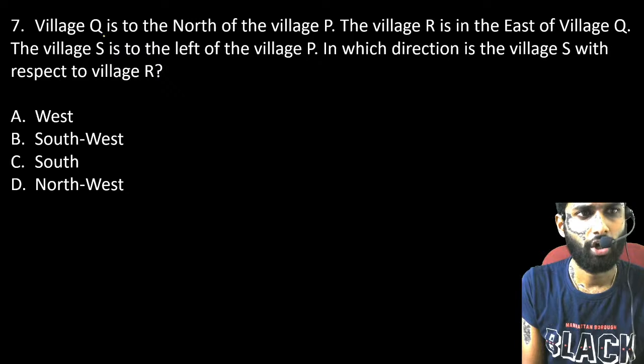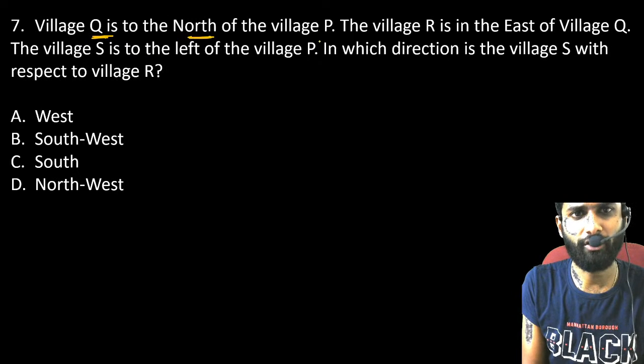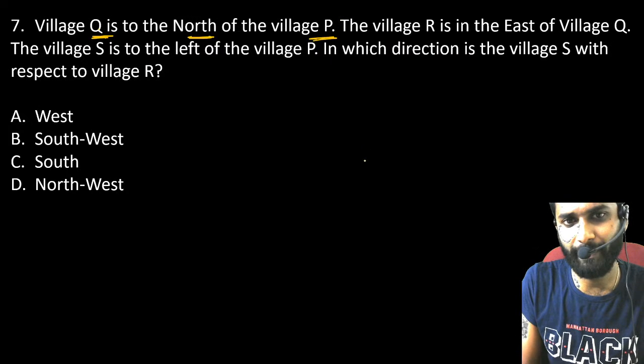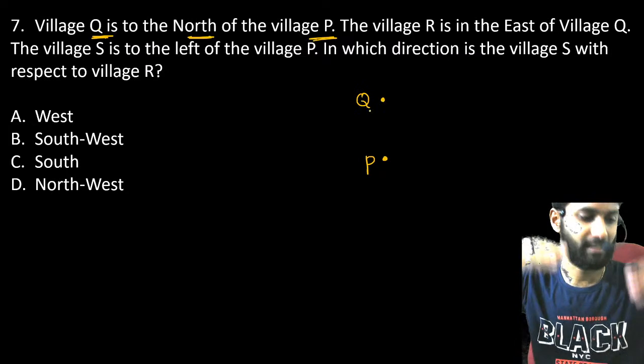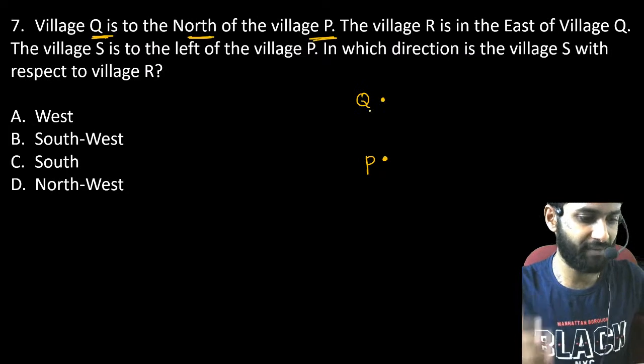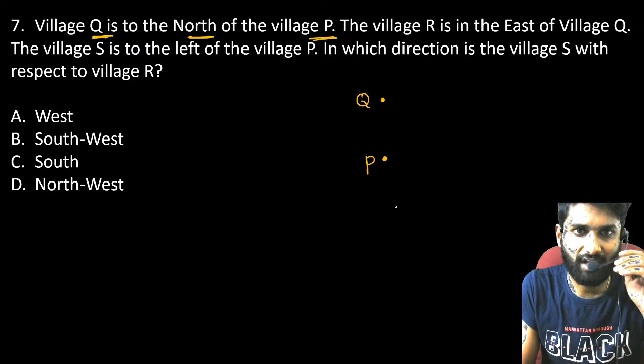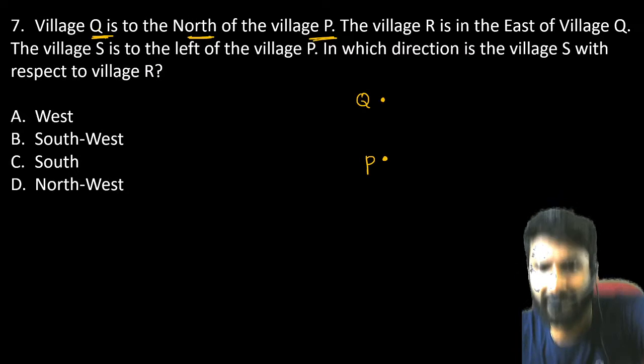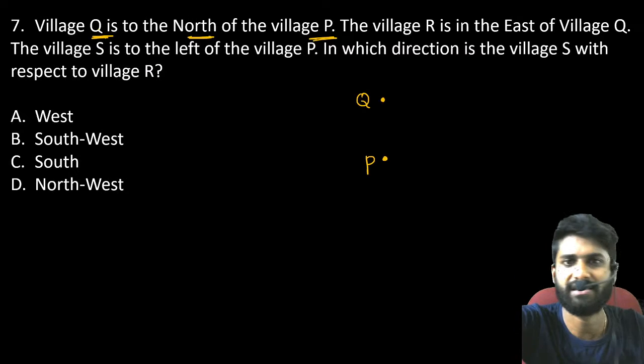What are the statements? Q is north of P. Take P as constant here. Then Q is on the north side, so this is the Q point, and north means Q is above P. But there are no particular distances.